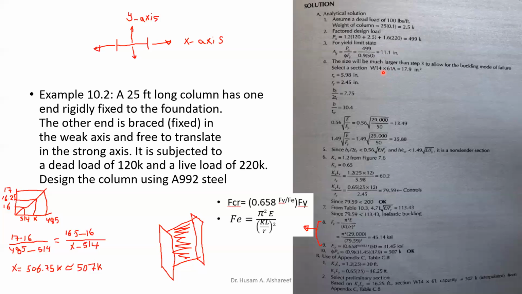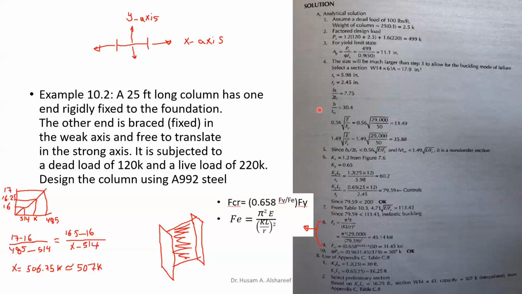Almost at the bottom of the page, you'll find the section, and then across from it, you'll find all these values. You'll find the Rx, which is 5.9, the Ry, which is 2.45, the bf over 2tf, and the h over tw.